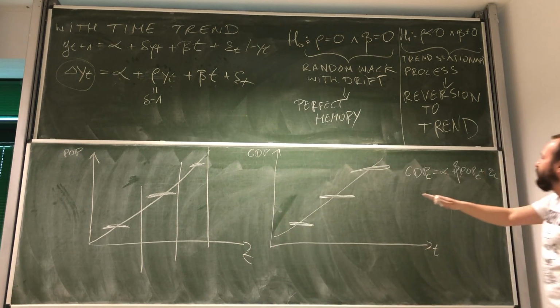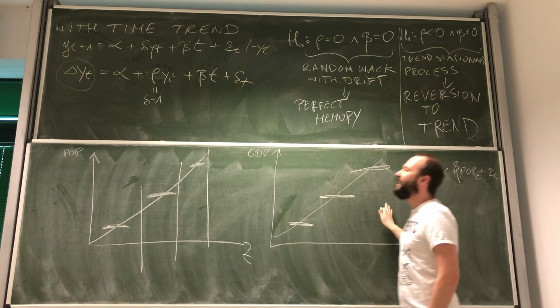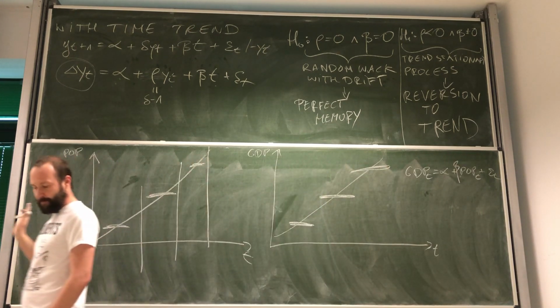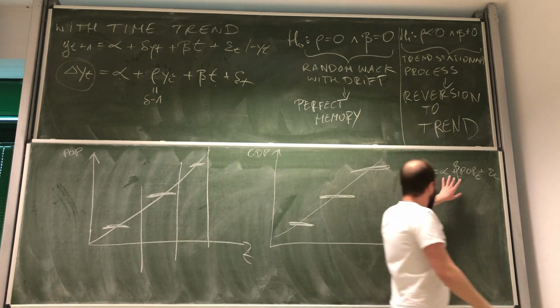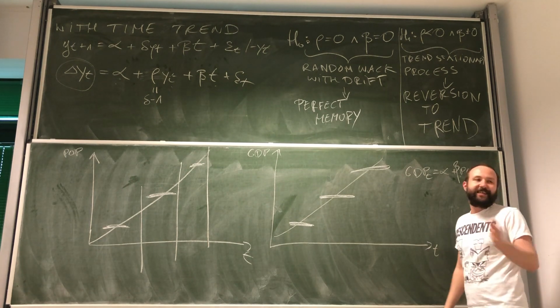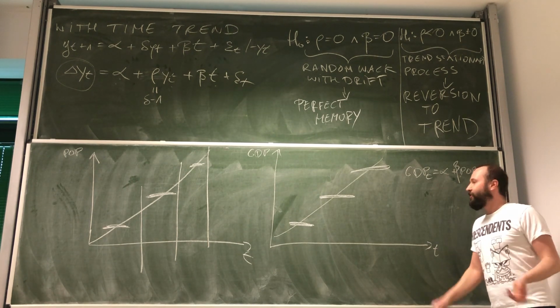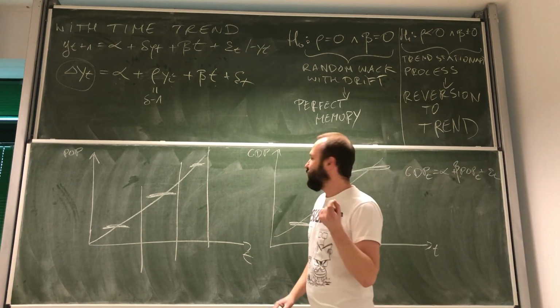So look, because both of them have trends, it doesn't really matter. If there is a connection between them, you will always get statistically significant result of beta. So beta is statistically different than 0. However, it doesn't need to be the case. The thing is, here we encounter a problem of so-called spurious regression.